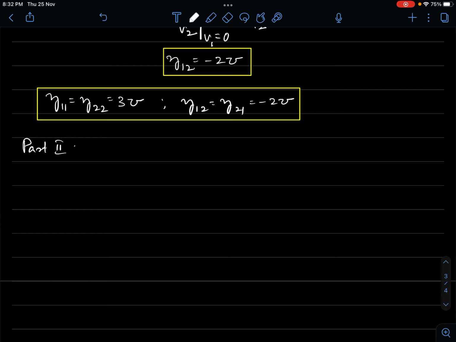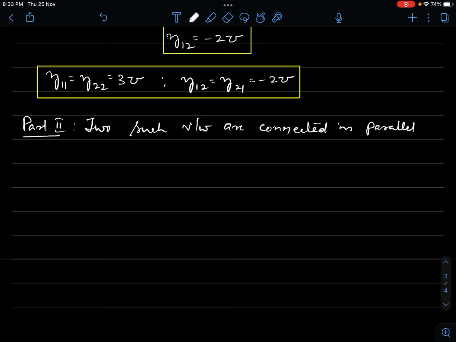Part 2. Two such networks are connected in parallel. How would the network appear? We can do it in different ways.